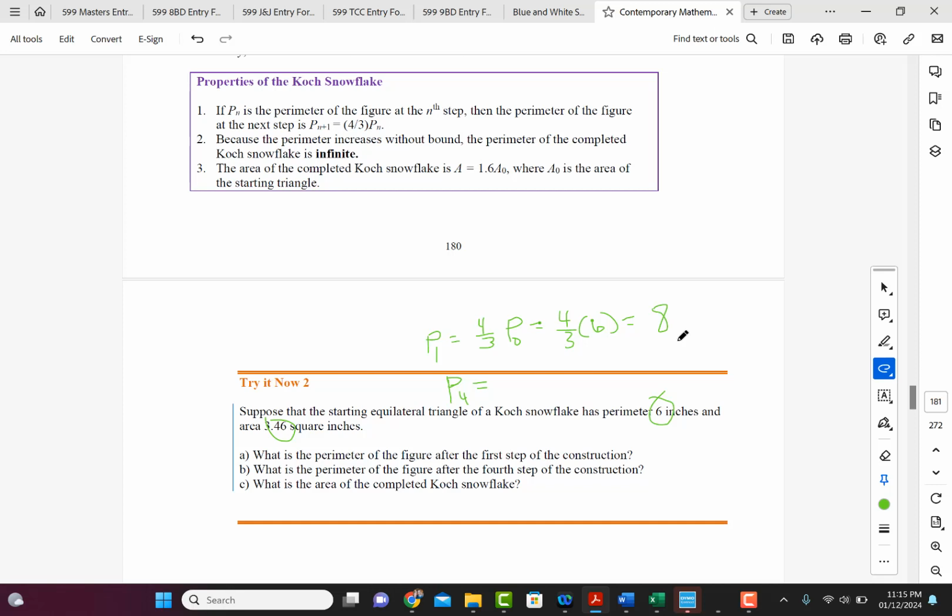P3 is 128 ninths. And then P4 will be 512 over 27.